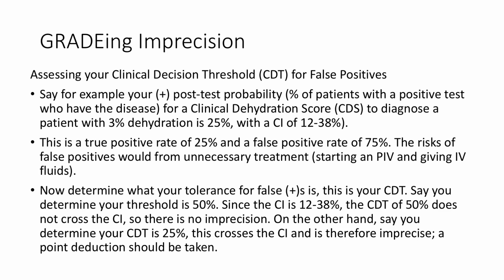You would accept a false positive rate of 50%. Since the confidence interval is 12 to 38%, the clinical decision threshold of 50% does not cross this confidence interval. So therefore, there's no imprecision. On the other hand, say you determine that your clinical decision threshold is 25%. In this case, 25% crosses the confidence interval, and therefore you judge this to be imprecise.